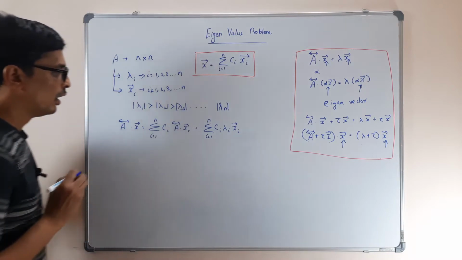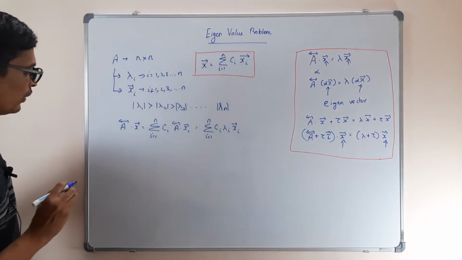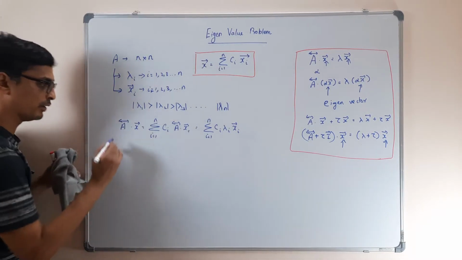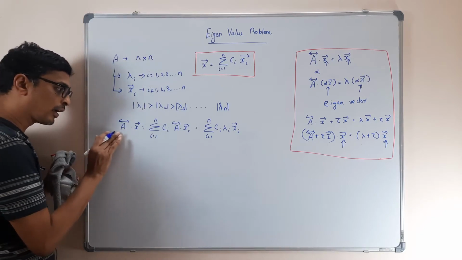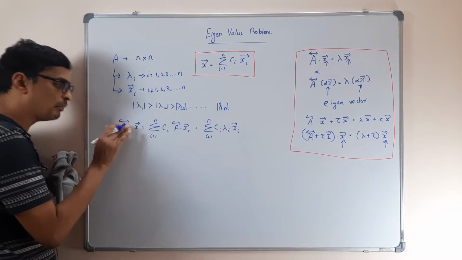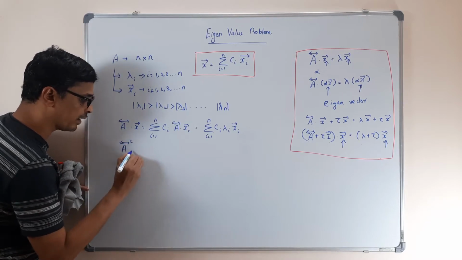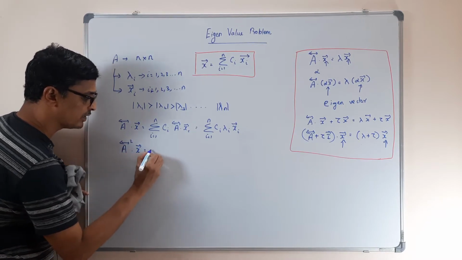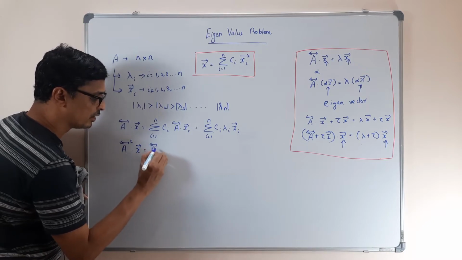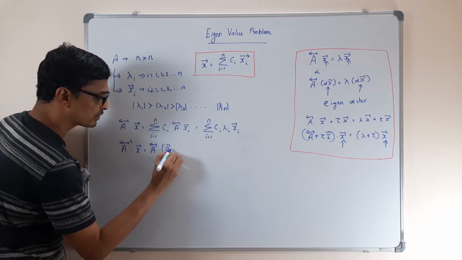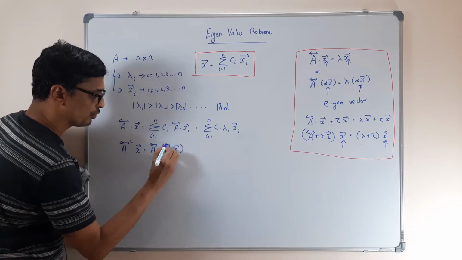Let me operate it once again, that means multiply with the matrix A. So what we have is A squared into x, that is, A matrix operating on A x, which we already have.